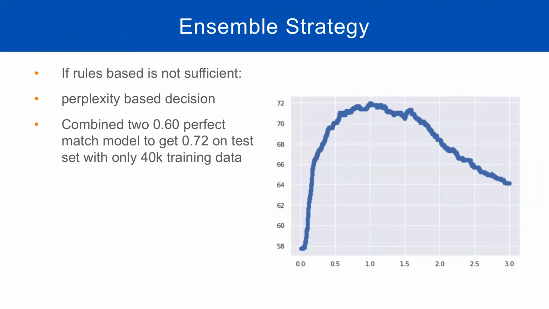We can use that as a basis to do some sort of search on combining the other two methods. So we're able to get a significantly higher result from this ensemble.